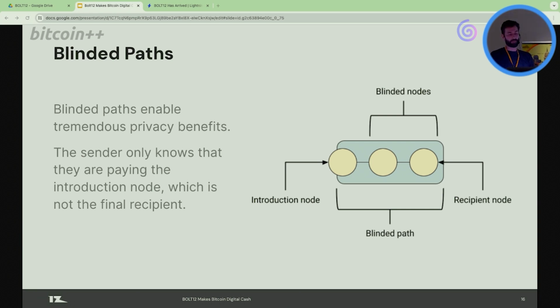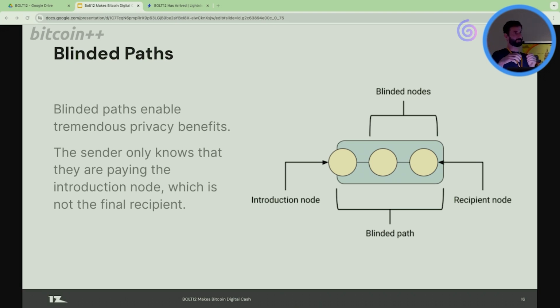So the blinded path is not a full path between Alice and Bob, right? It's just a partial path. And so when Bob constructs an offer, he includes a blinded path with maybe 2 or 3 hops to him. In the world of BOLT12 in Lightning, typically you think of the sender as forming the path. That still happens in BOLT12, but the blinded portion is constructed by the recipient of either the message or the payment.